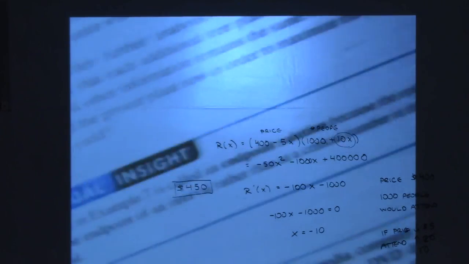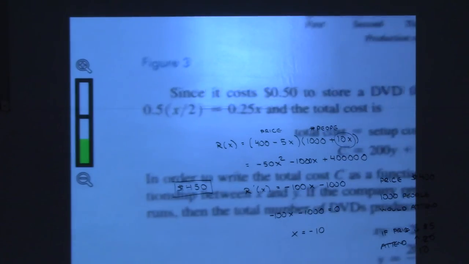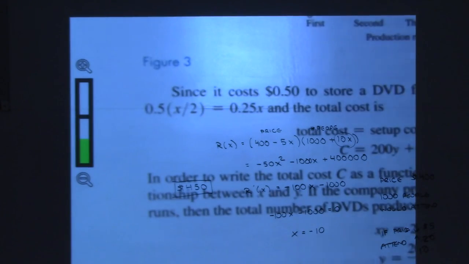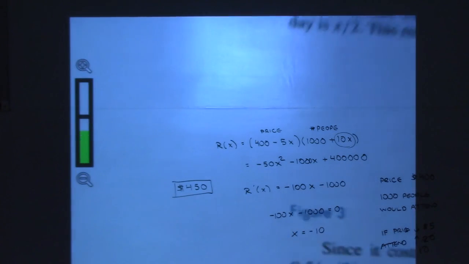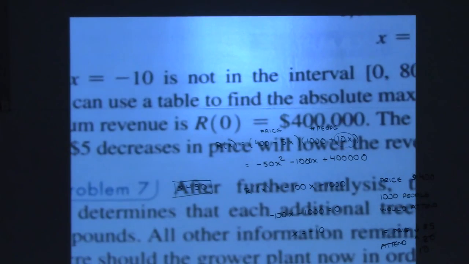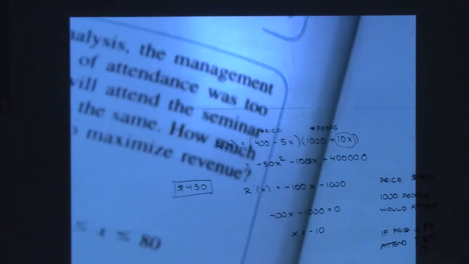Try this. I'm going to get this eventually. Hold on, this thing is all messed up. There we go.